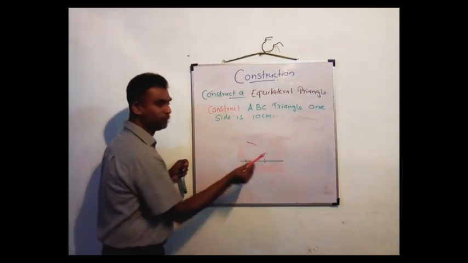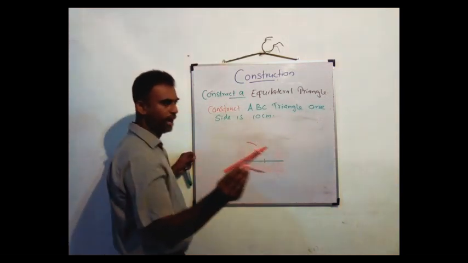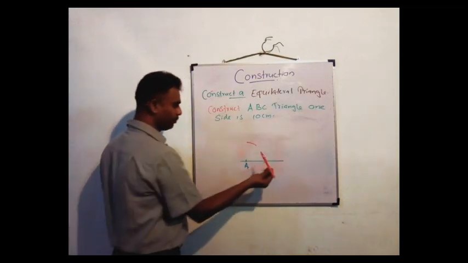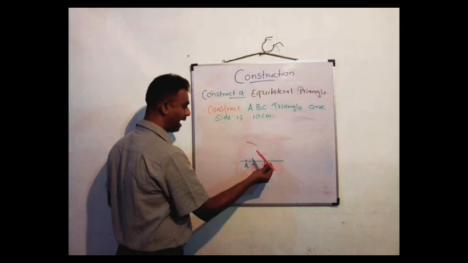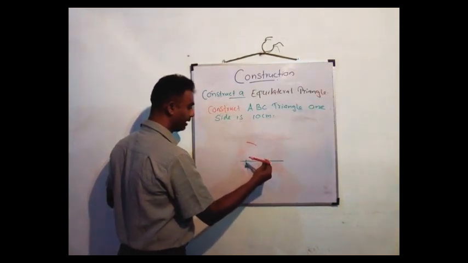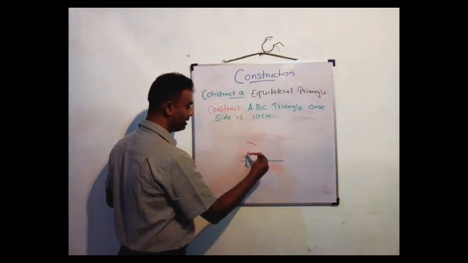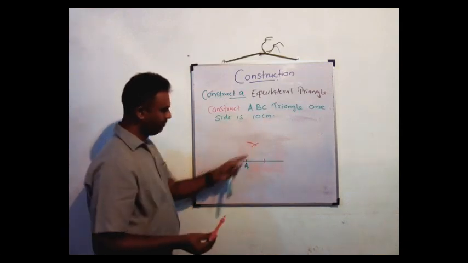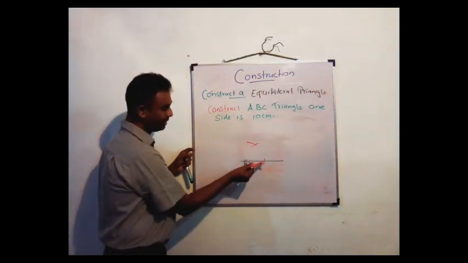Now you can move the compass and put the iron point on this arc and draw another small arc intersecting this arc. See here, right? 10 centimeters.